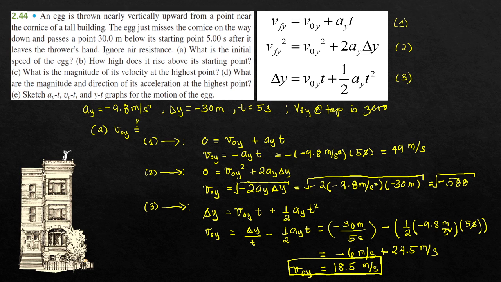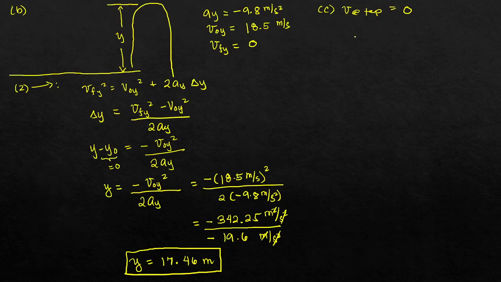Okay, how about letter D? What are the magnitude and direction of the acceleration at the highest point? So how can we do that? How can we determine the acceleration? Well, it's already given.